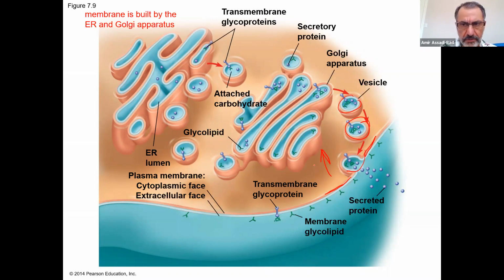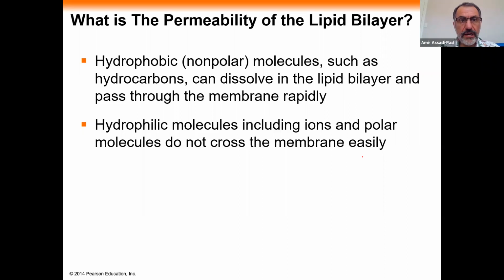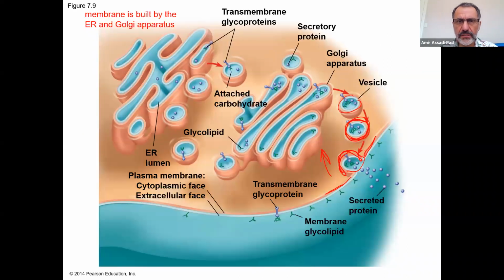That's the current theory. The current theory is that these vesicles come and become part of the cell membrane right here. I hope I'm making some sense. It's not like they dump their stuff, exocytosis, you remember that, and then pinch off and go back. That's not the case.